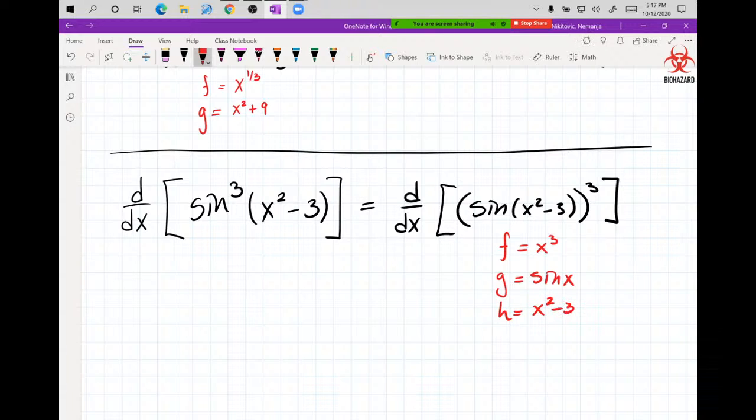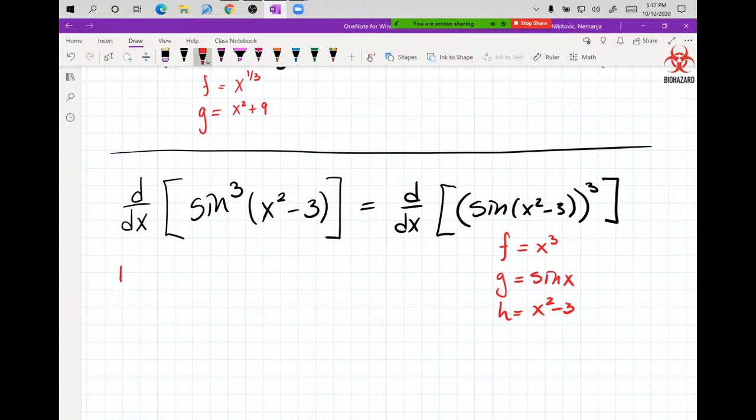So it's like peeling the layers of the onion. So we actually have 3 functions. And the chain rule doesn't care how many functions you have. It will always operate derivative on this level, derivative on this level, derivative on this level. Multiply them all. So you can have 15 functions, one inside the other. The chain rule will still apply the same.